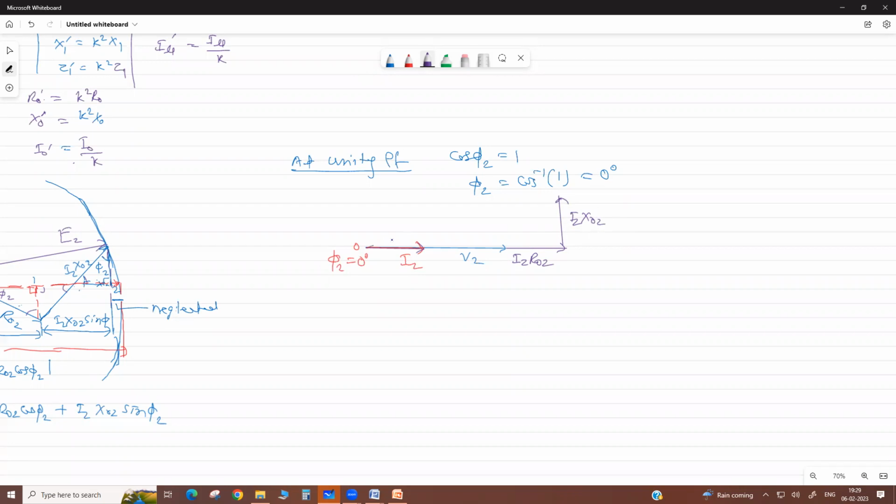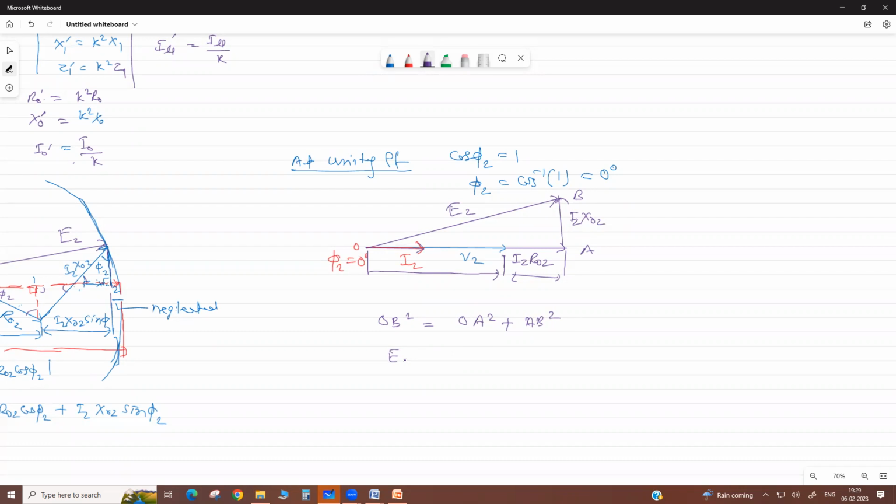Now we calculate the vector sum of this series. This is your E2. In triangle OAB, OB square equals OA square plus AB square.